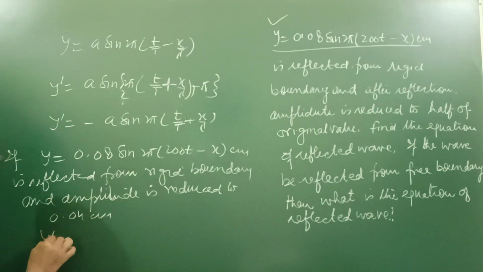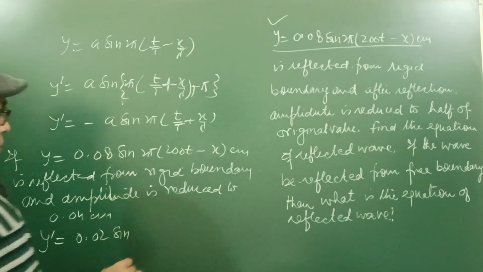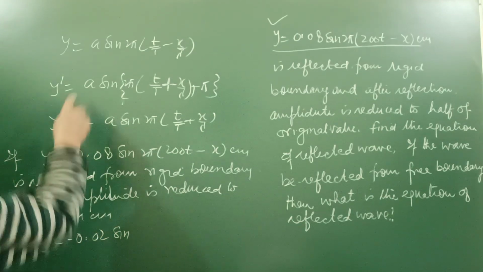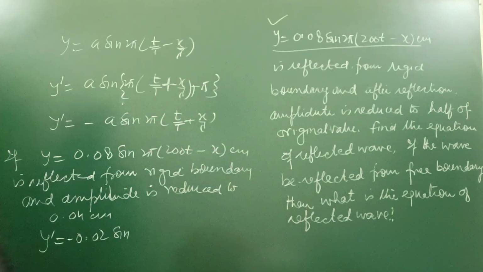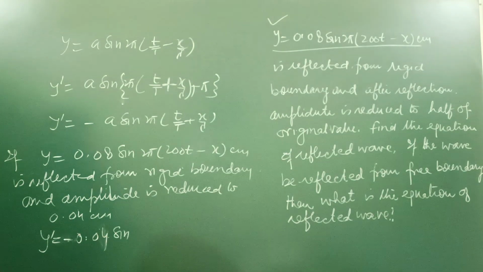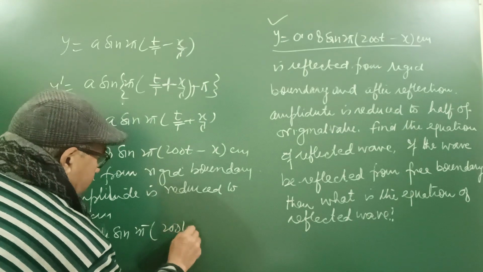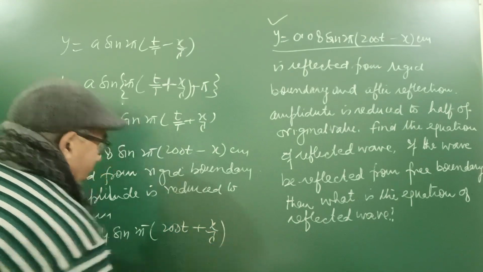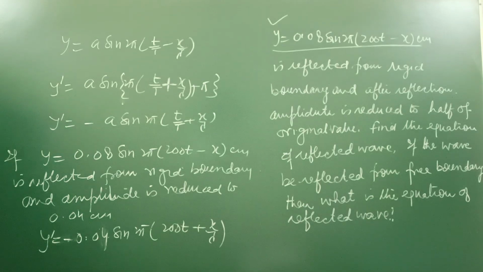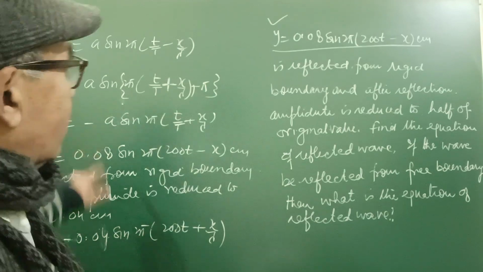The reflected y dash will be minus, because from rigid boundary there occurs change of phase of pi, which gives the minus sign. So y equal to minus 0.04 sine, and the rest does not change, 2 pi (200 t plus x upon lambda). Sin 180 plus theta, you know, is equal to minus sin theta. Therefore the minus came here.